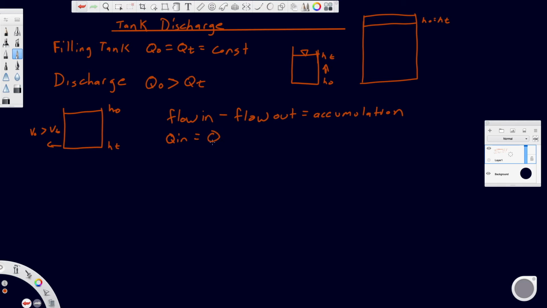And so then we can say that basically Q out is going to be equal to the velocity of the flow out. So basically your water molecules, as they're passing through the orifice leaving the tank, that velocity times the area of your orifice out, your drain hole, basically, right?